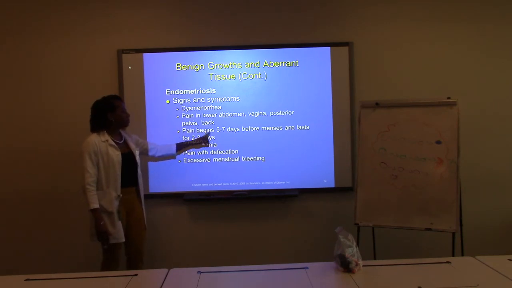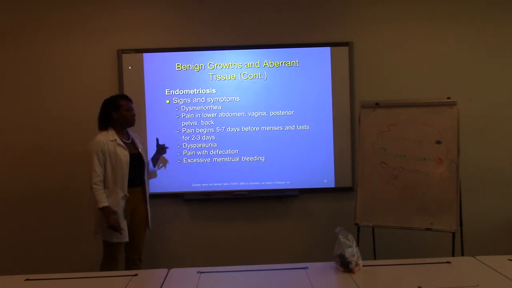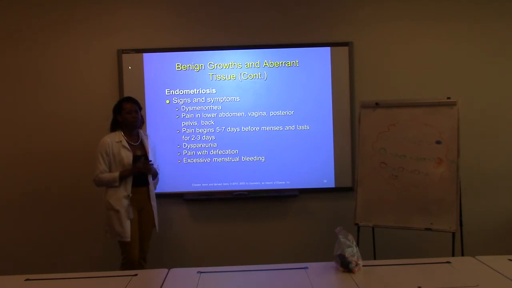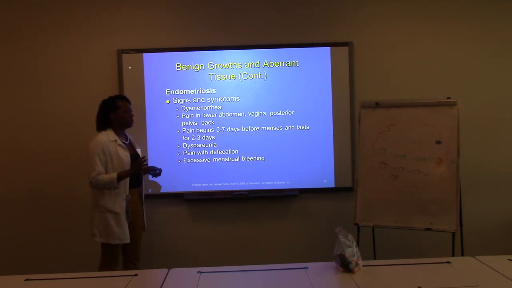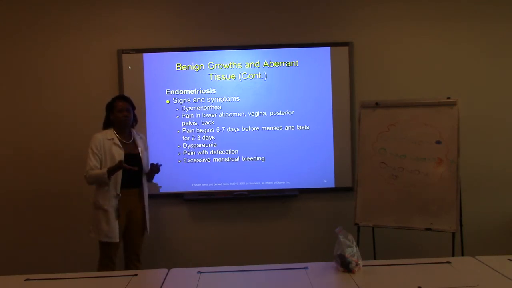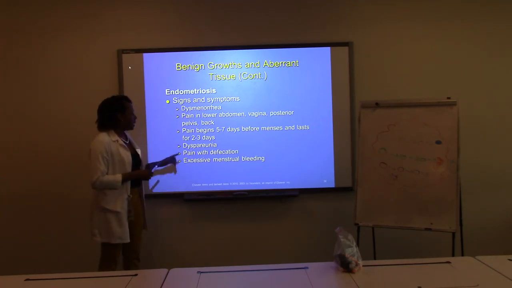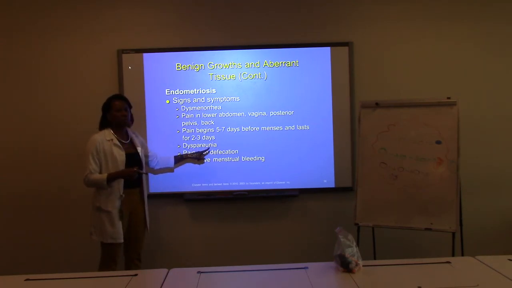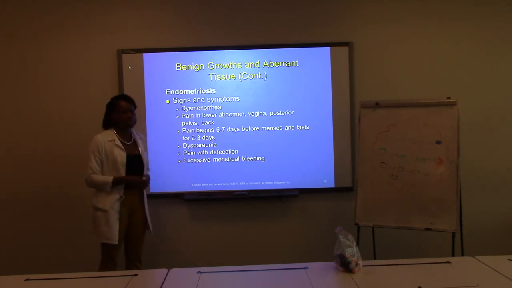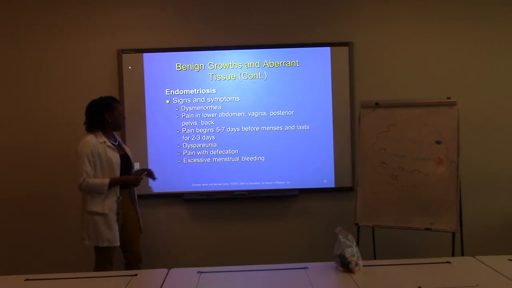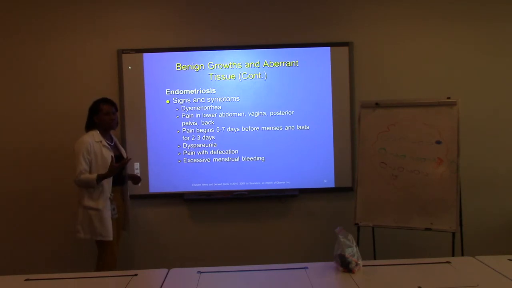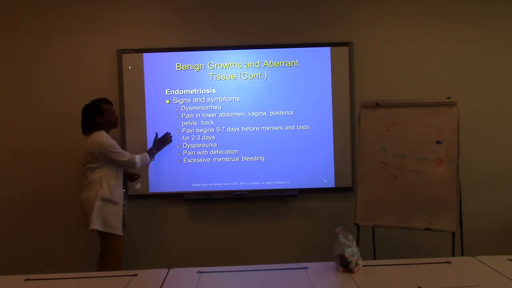Pain, I want you to omit this section where it says pain lasts 5 to 7 days or whatever, or begins 5 to 7, lasts 2 to 3. That's not important to know, because please understand that each case is different. Dyspareunia is going to be difficulty and painful sexual intercourse, which we talked about before. And they can have pain with defecation and also excessive menstrual bleeding, as we talked about earlier.